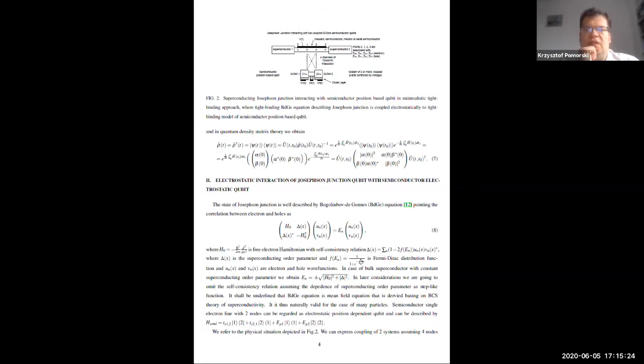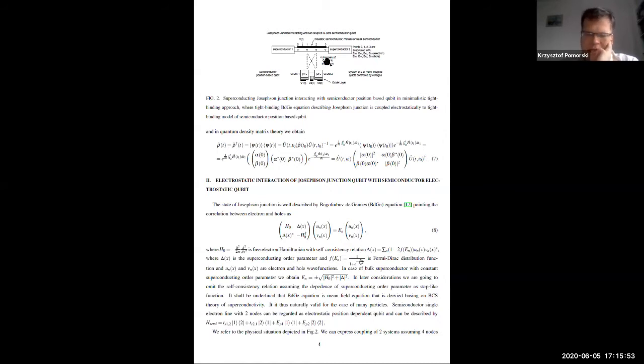So the most minimalistic model of a Josephson junction is the case where we have a left and right superconductor, and clearly there is a tunneling channel in between. In this particular model, this tunneling channel is expressed in such a way that it's basically a non-superconducting state.